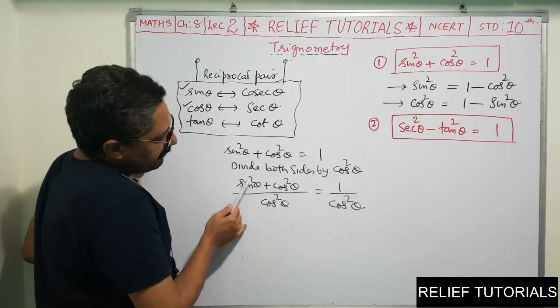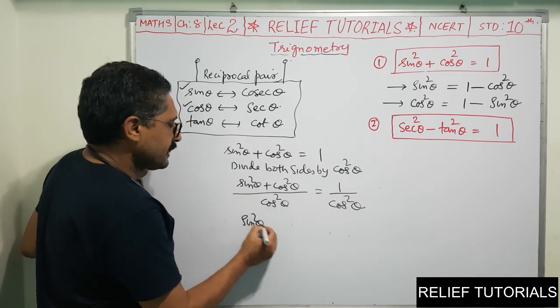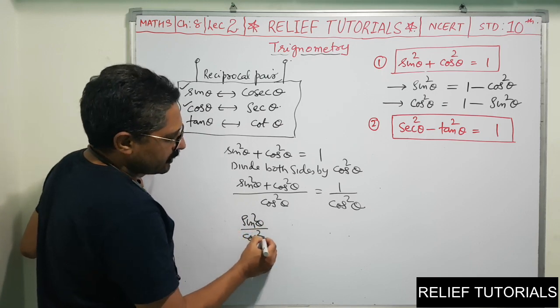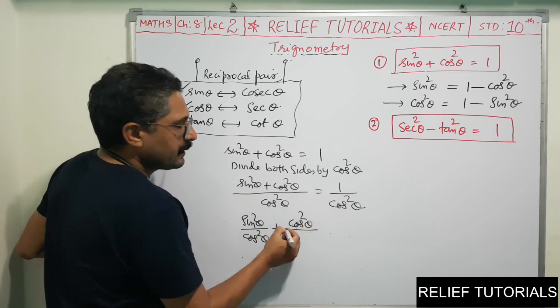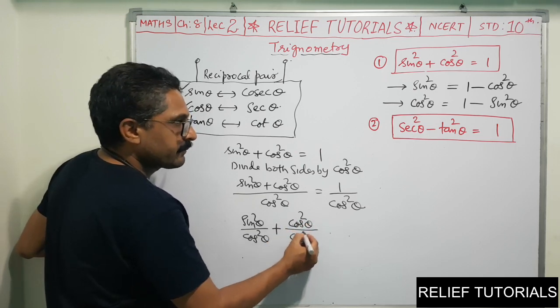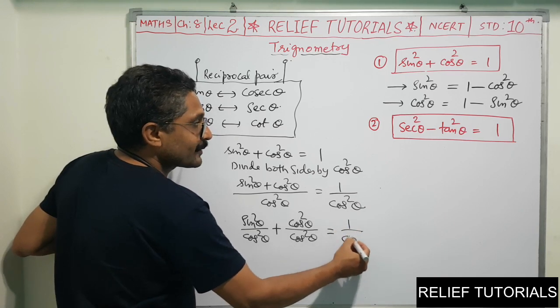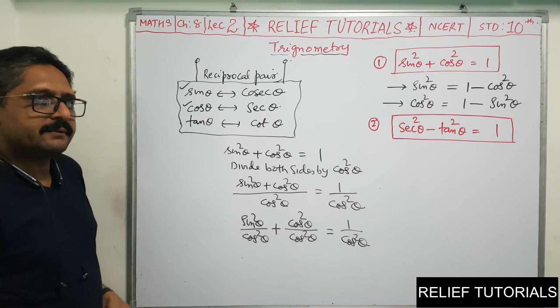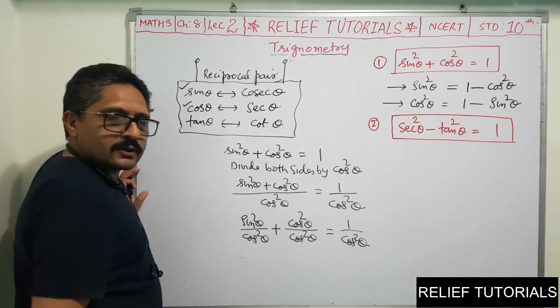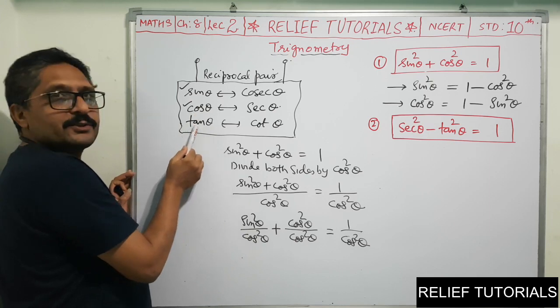Now this cos square divides sin square as well as cos square. So I can write in this manner: sin square theta upon cos square theta plus cos square theta upon cos square theta is equals to 1 upon cos square theta. Clear? Now see, sin square upon cos square. So you know that sin upon cos is equals to tan.